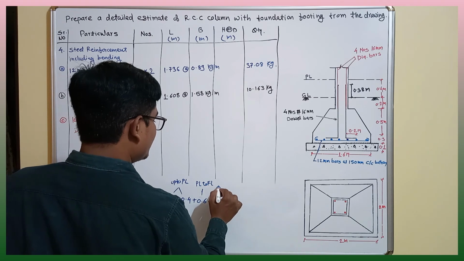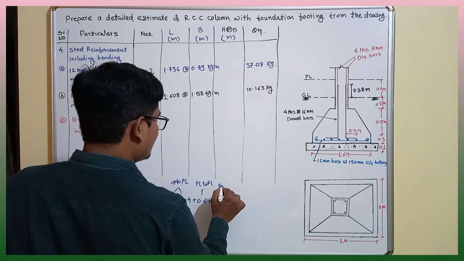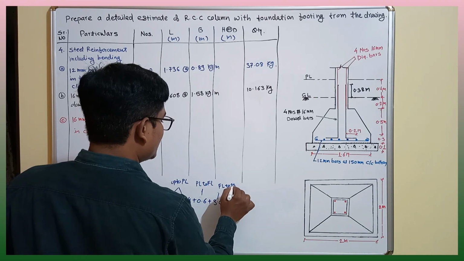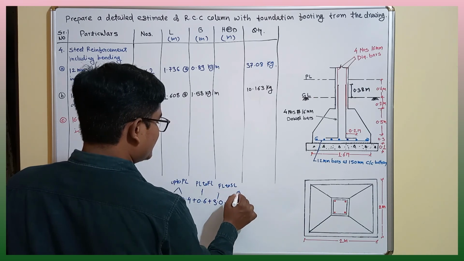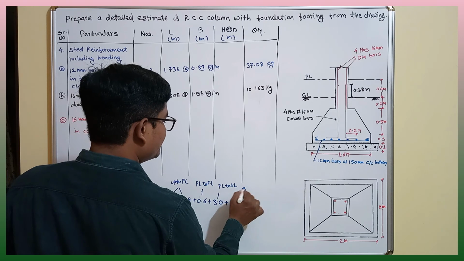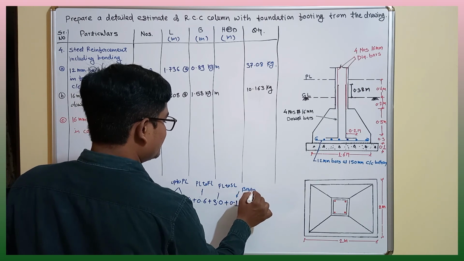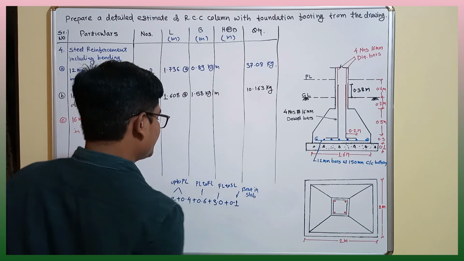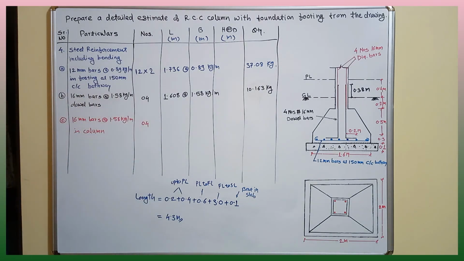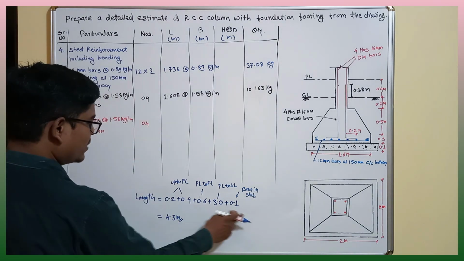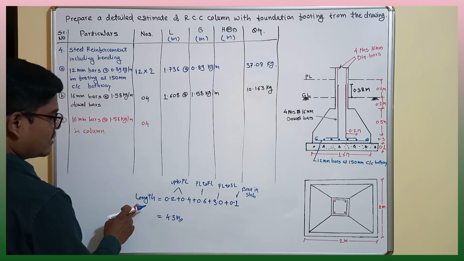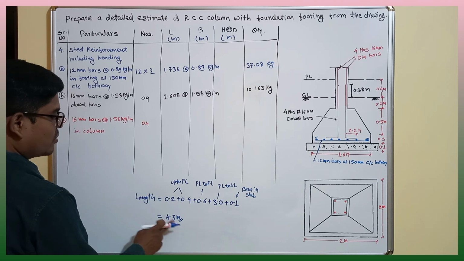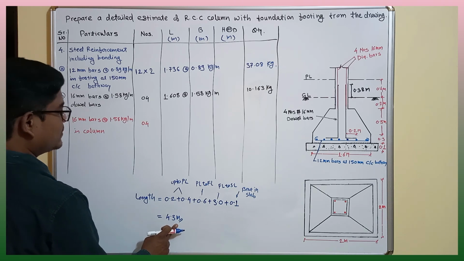This is floor level to slab level, and this bent in slab. So after calculating this, we will get length of single bar is equal to 4.3 meter.